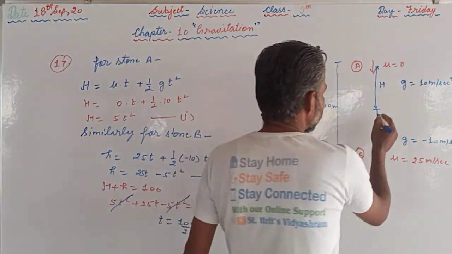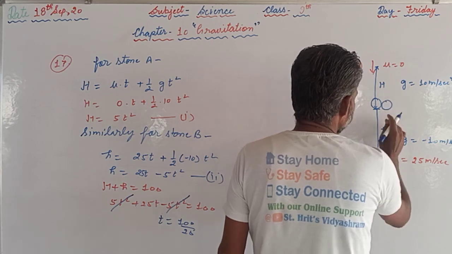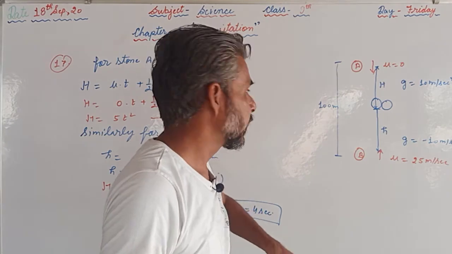So after 4 seconds that stone will be here and that stone will be here, at the same height. What will be the distance covered at that time?